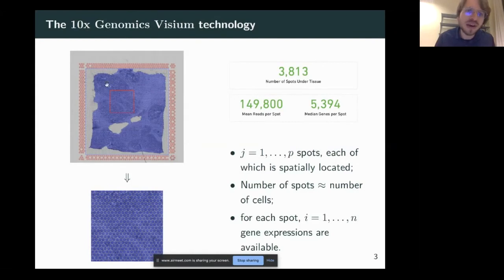For example, starting from this slice of tissue, using these spots, you can get the expression of thousands of genes inside each spot, which more or less corresponds to a single cell.